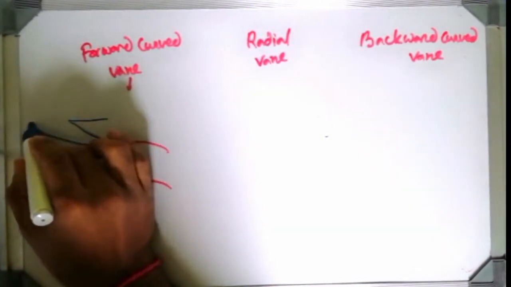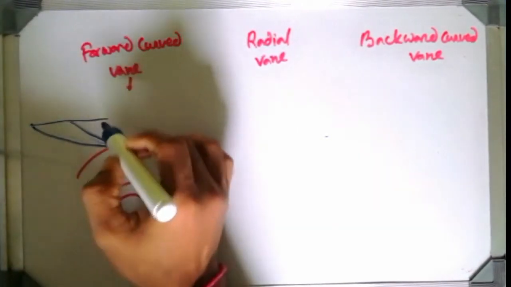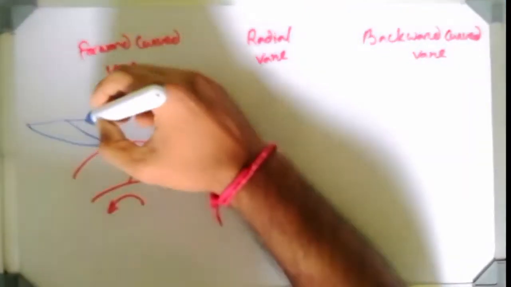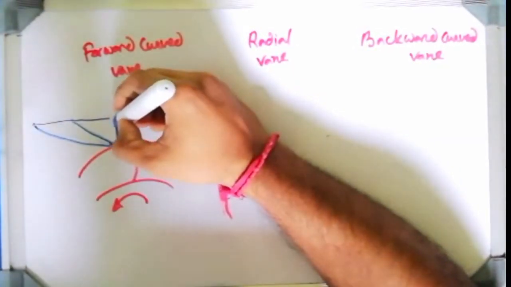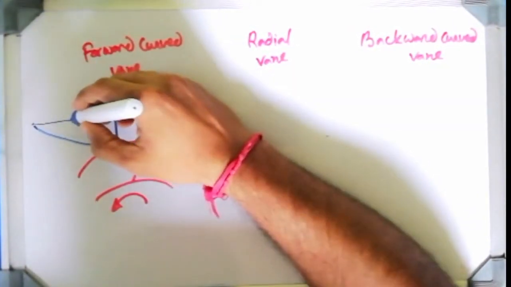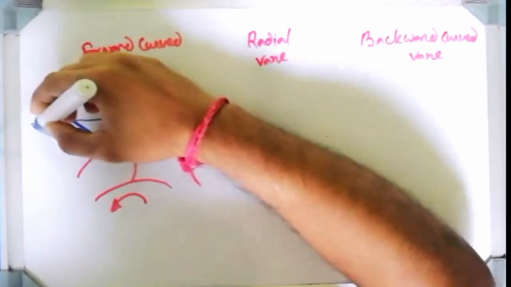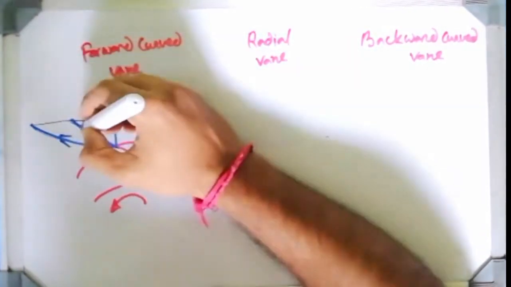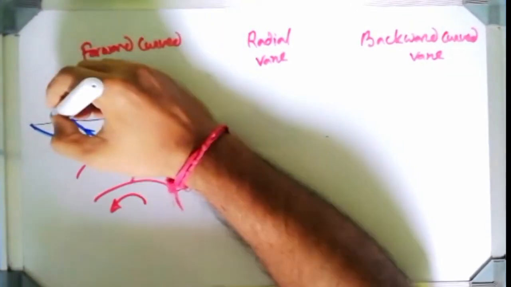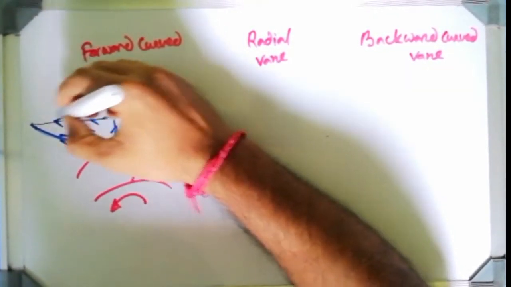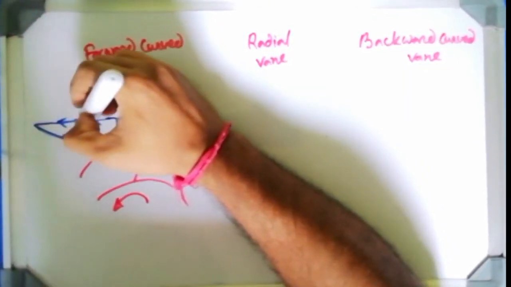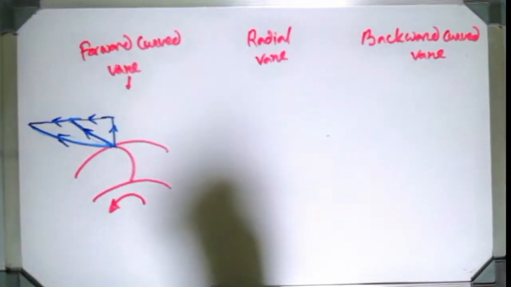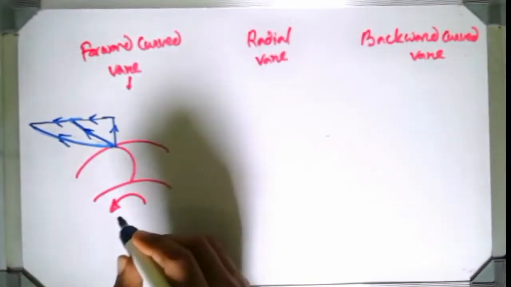They all are straight lines. They may look like curvy lines, but mind it, they all are straight lines. I'm trying to draw a straight line because the board is so slippery. This will be the velocity diagram of this forward curved vane.